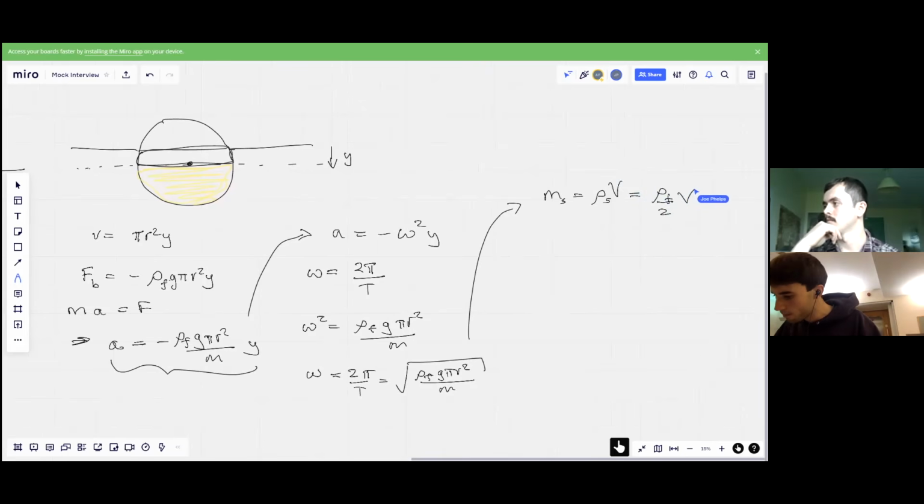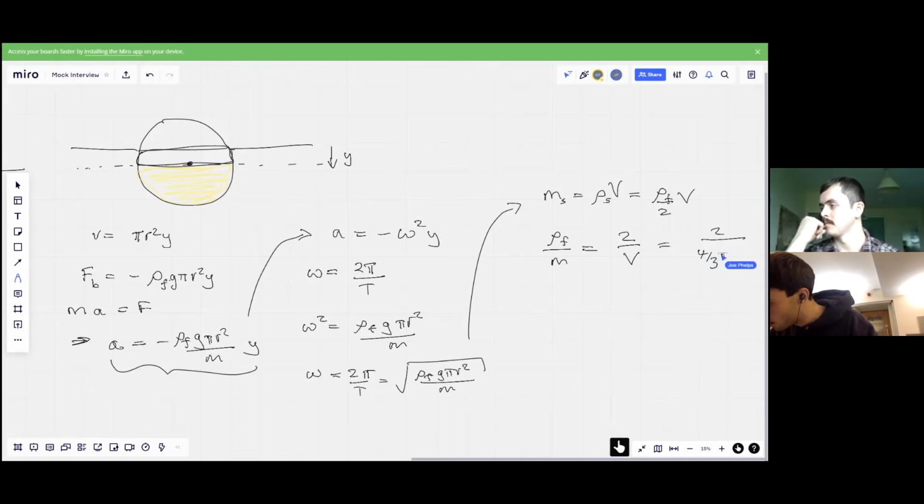So I could write rho f over m as 2 over the volume of the sphere, which is 2 over 4 over 3 pi r cubed, which gives me 3 over 2 pi r cubed.